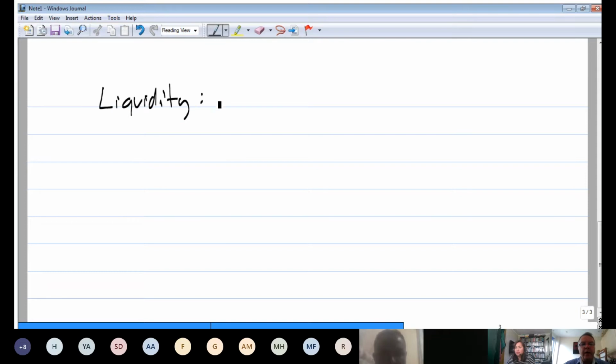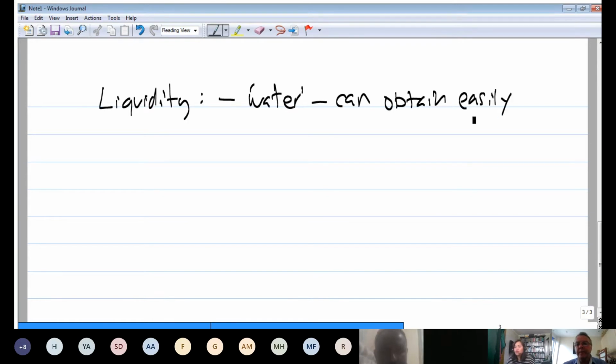Now, the word liquidity basically means, imagine water. Water is liquid, and you can get your hands on water fairly easily, okay? So, can obtain easily. Either from the tap or from a bottle, whatever it might be, water can be obtained easily. And that's what we refer to in terms of liquidity.